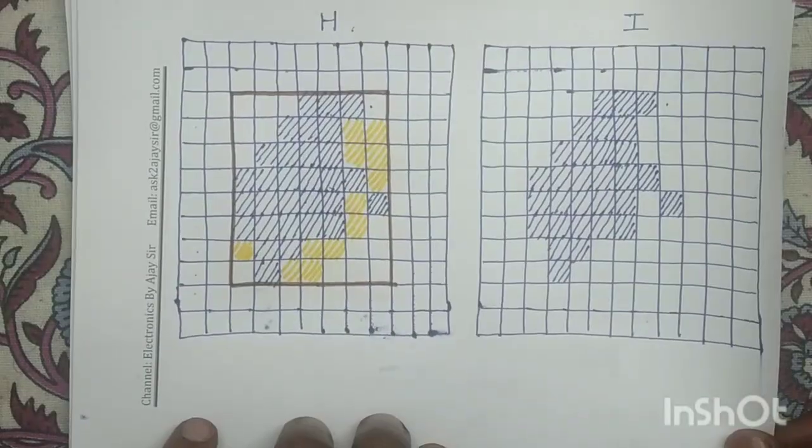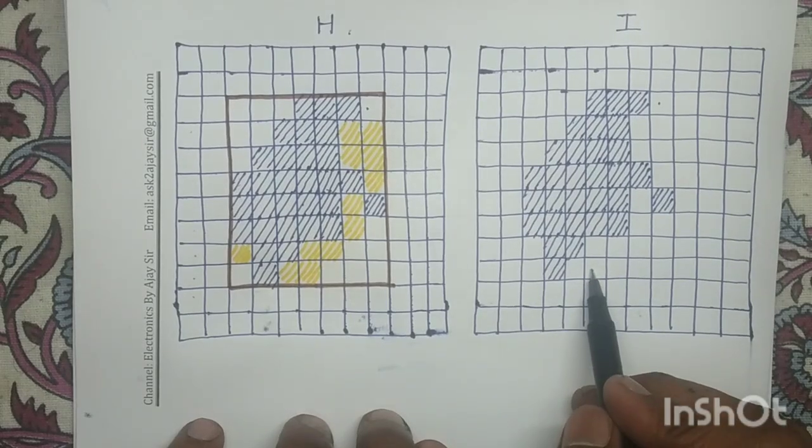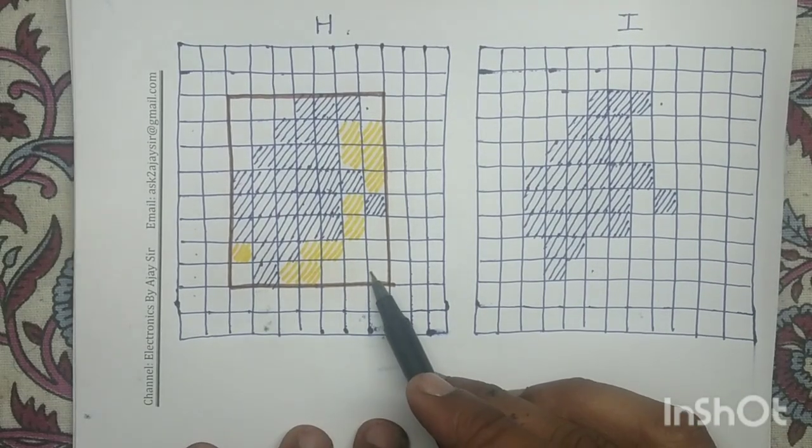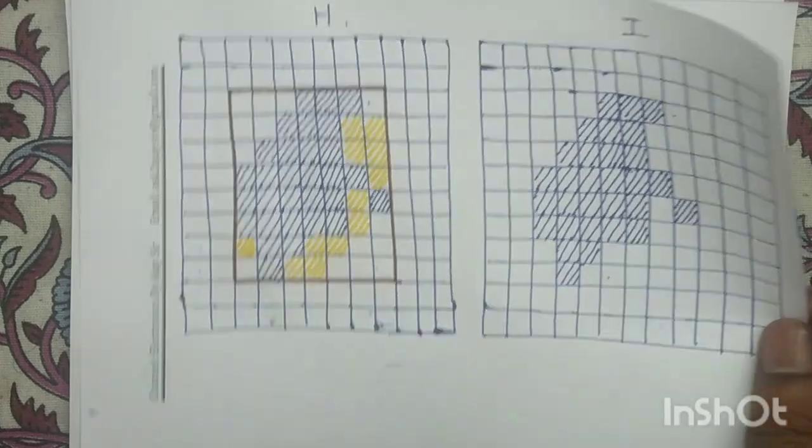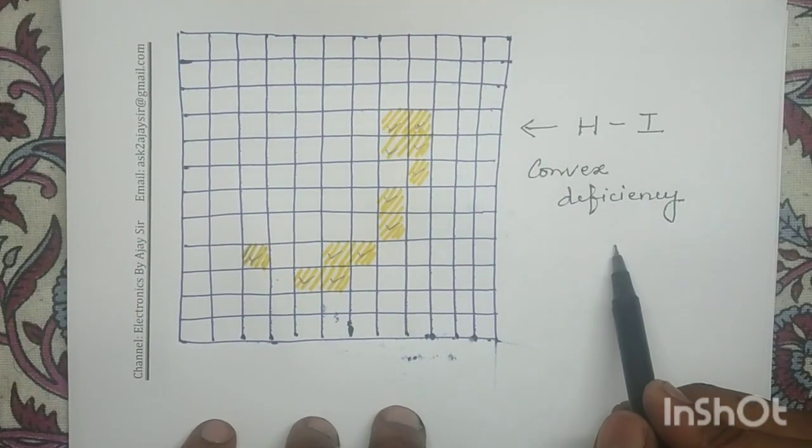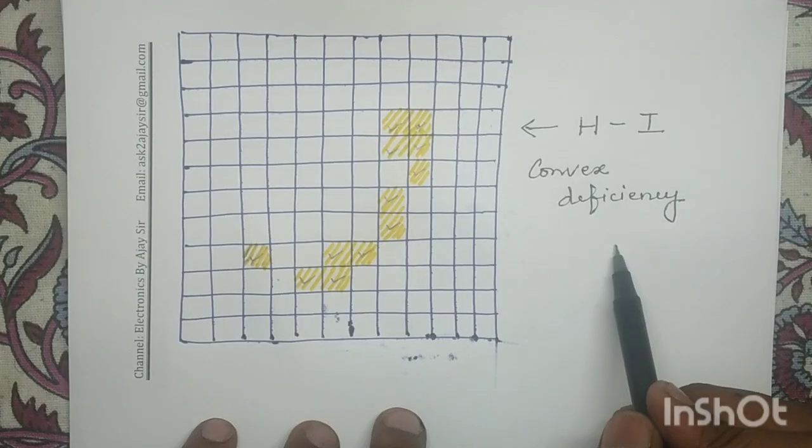So for this given object set I, we have obtained the convex hull H, and with H minus I, we have obtained its convex deficiency. With this morphological operation, convex hull is over. Thank you.